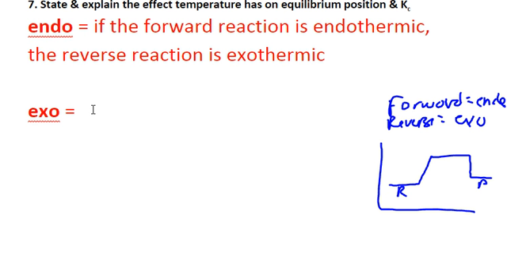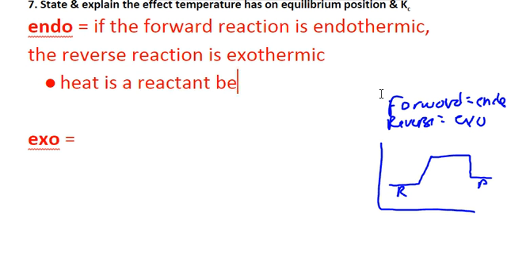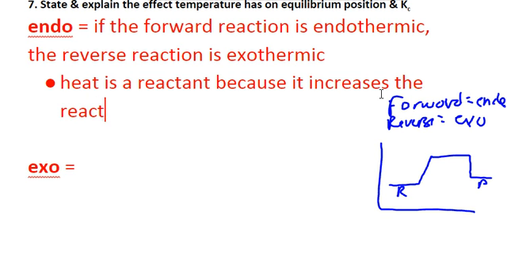So when you think about endothermic and exothermic, we think of it as heat being a product or reactant. That's because when it's endothermic, heat has to go in and heat helps the reaction, helps the reactants. Okay, so with an endothermic, if the forward reaction is endothermic, heat is a reactant because it increases, okay, so that's why we think of it.